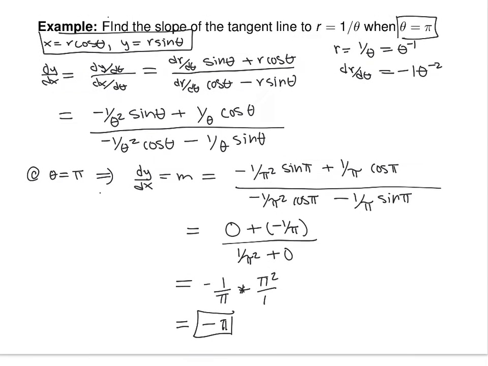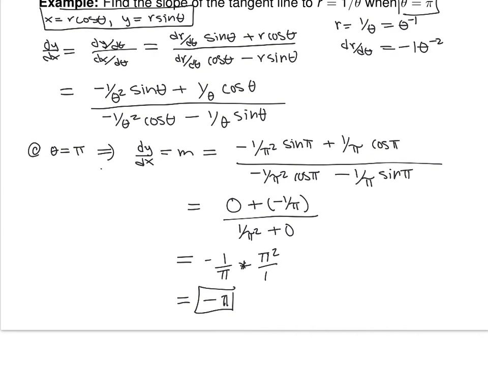So for example, in this equation, we know that x is r cosine of theta. So x is 1 over theta cosine of theta. And if theta is equal to pi, the x coordinate is 1 over pi cosine of pi, which is negative 1 over pi.